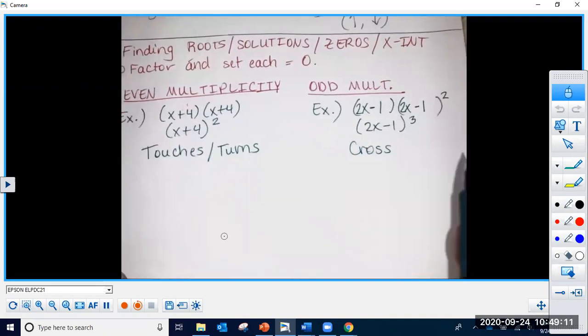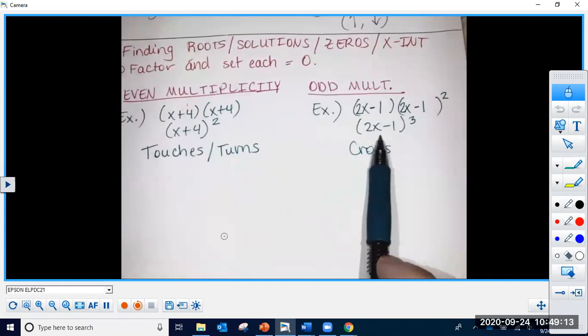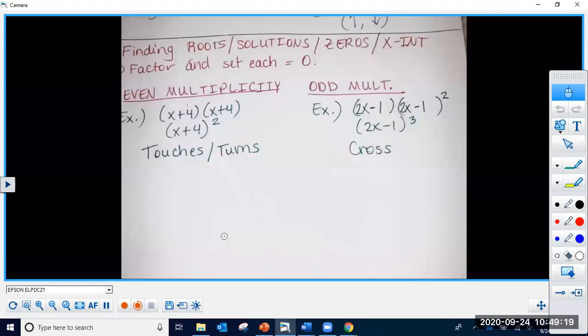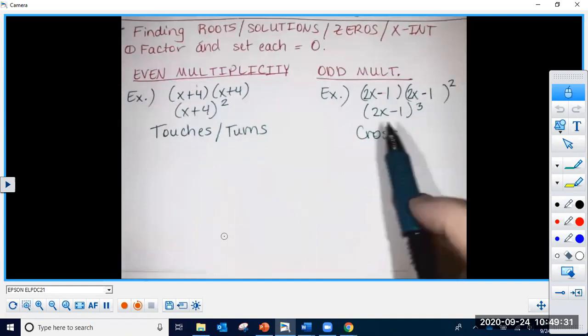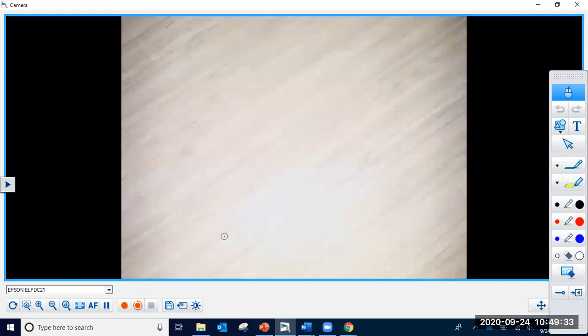This one would have positive 1/2 as your x-intercept. So with even multiplicity, it's going to touch and turn back wherever it's coming from. If it's coming down to the x-axis, it's going to turn back and go up. If it's coming from underneath the x-axis, it's going to touch the x-axis and turn back down, or with odd multiplicity it's going to cross over to the other side.